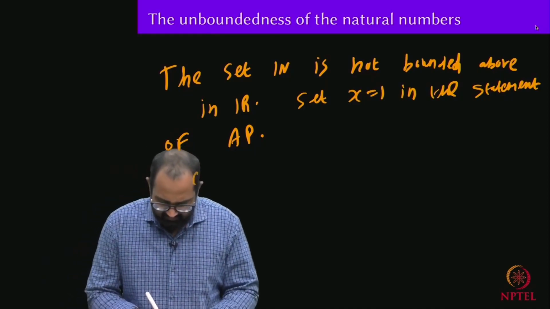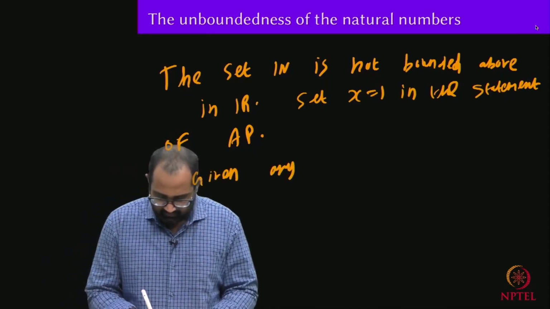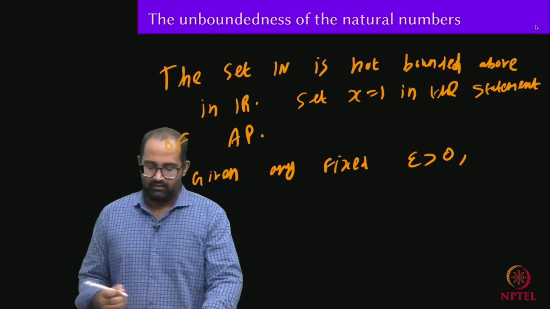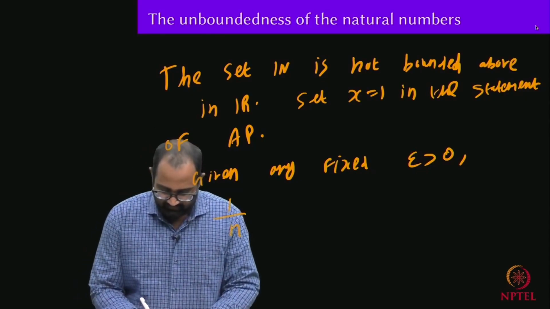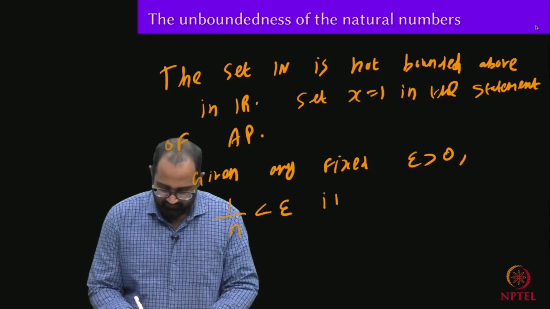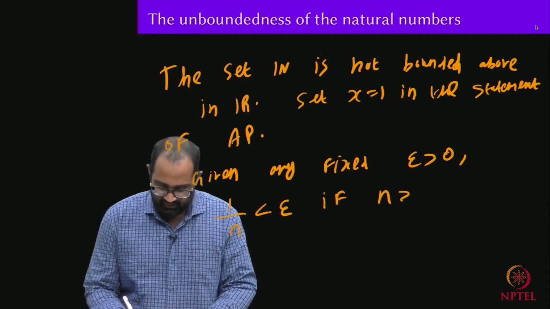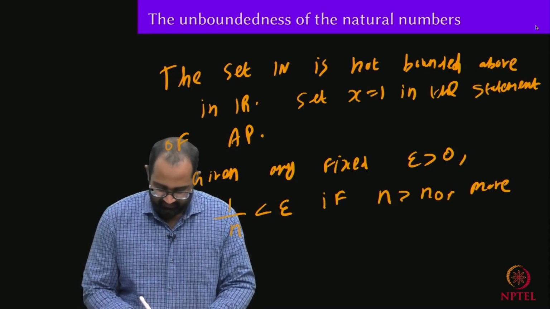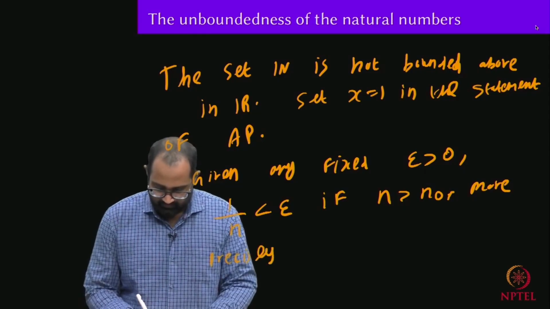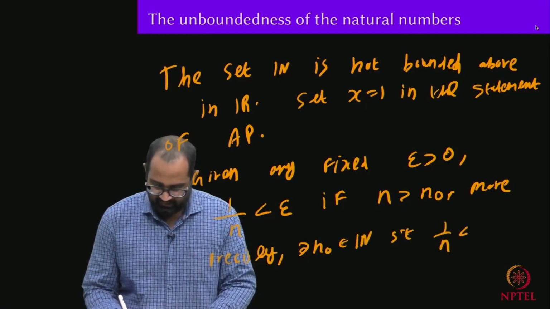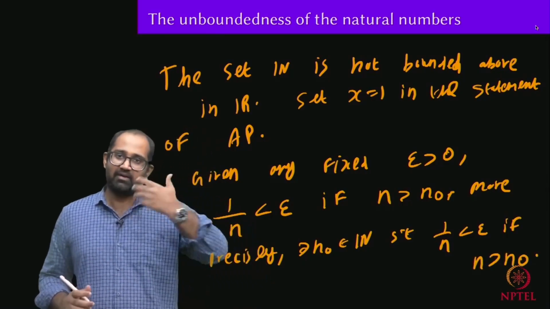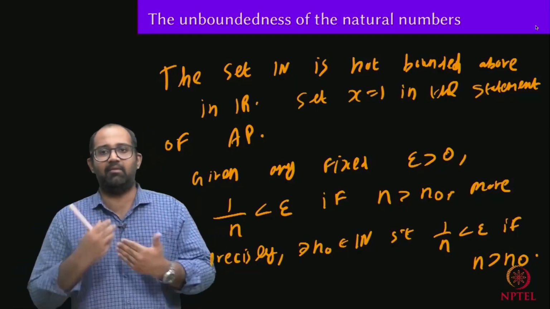What that says is, given any fixed epsilon greater than 0, there exists n naught in N such that 1 by n is less than epsilon if n is greater than n naught. So the natural numbers are not bounded above. That means they become larger and larger.